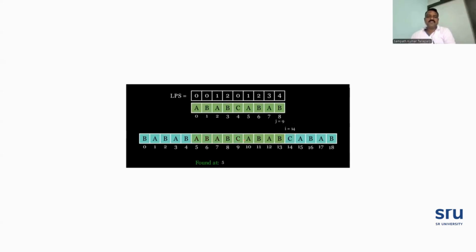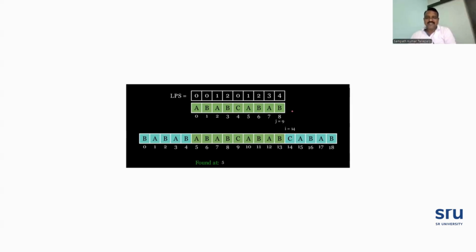Now we are going to check whether this element is found again or not. So we check this element with this element. Is this element found here?